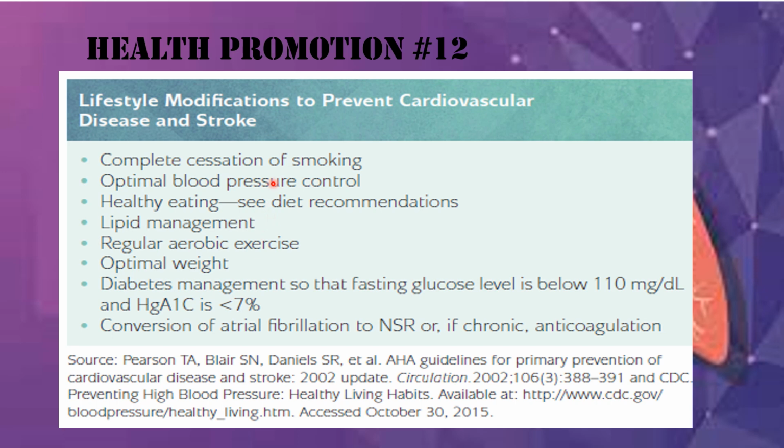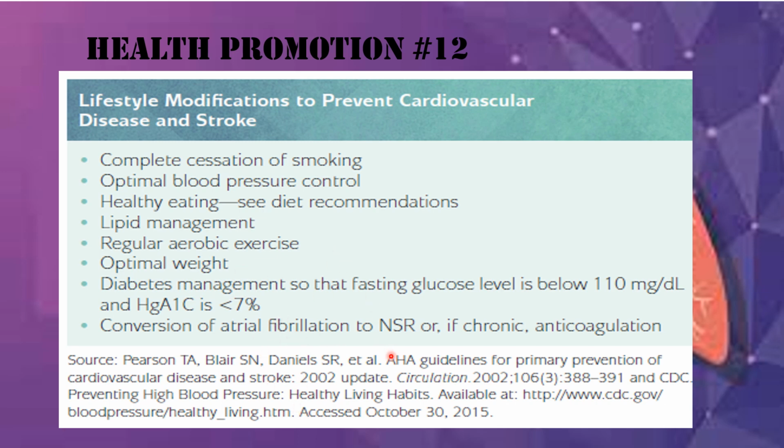Lipid management, regular aerobic exercise, optimal weight, of course, within the normal BMI. Diabetes management, so that the fasting glucose level is below 110 milligram per ml, and of course hemoglobin A1C is less than 7%.